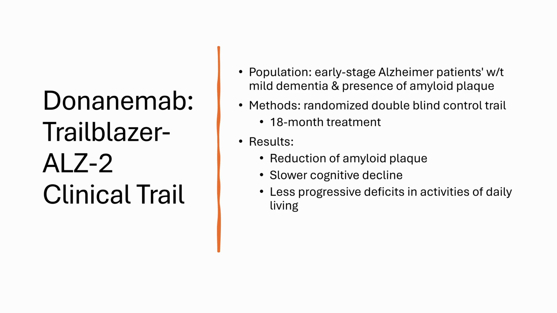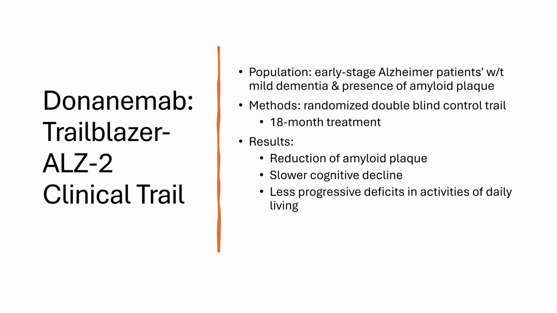In the clinical trial of donanemab, the TRAILBLAZER-ALZ 2 clinical trial, the population was of early stage Alzheimer's patients with dementia and the presence of amyloid plaques. It was a randomized double-blind controlled trial that lasted for 18 months.